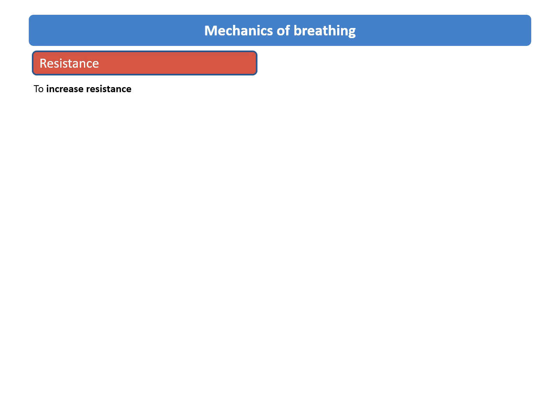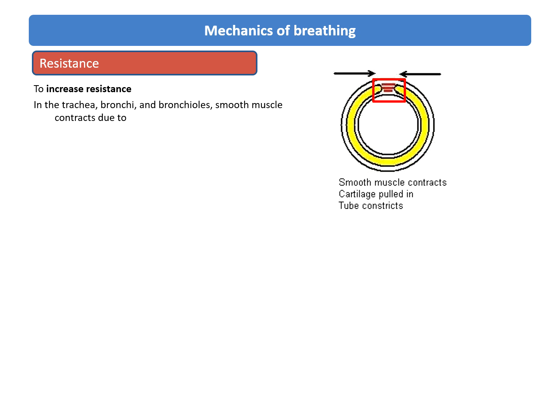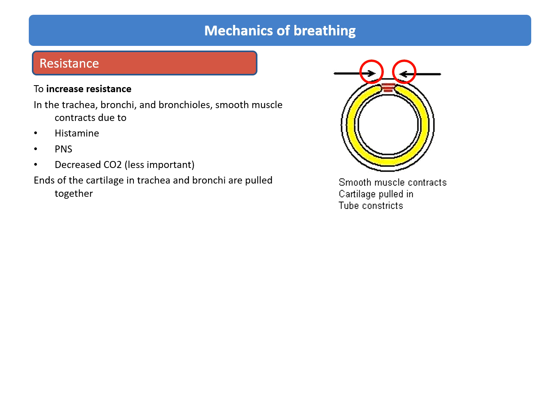To increase resistance, in the trachea, bronchi, and bronchioles, smooth muscles contract. Factors that do that include histamine, parasympathetic nervous system, decreased carbon dioxide. When they contract, it pulls the ends of the cartilage together and decreases the diameter of the passageway.